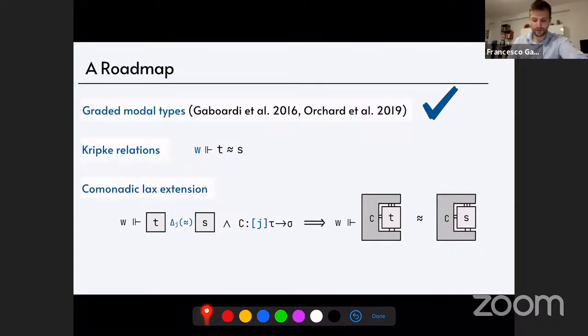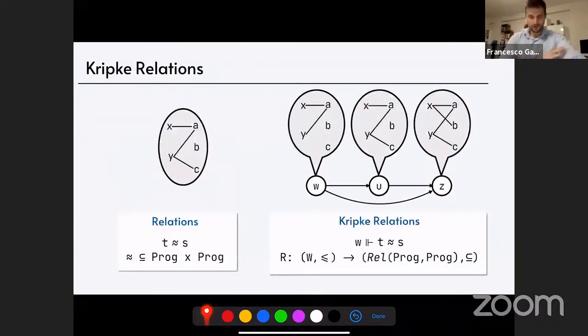So here the idea is that when we are in the extensional realm of program analysis, we just have ordinary binary relations that tell us that programs are either equivalent or they're not. Now what we do is to move to a setting in which the equivalence between two programs is given with respect to a possible world.